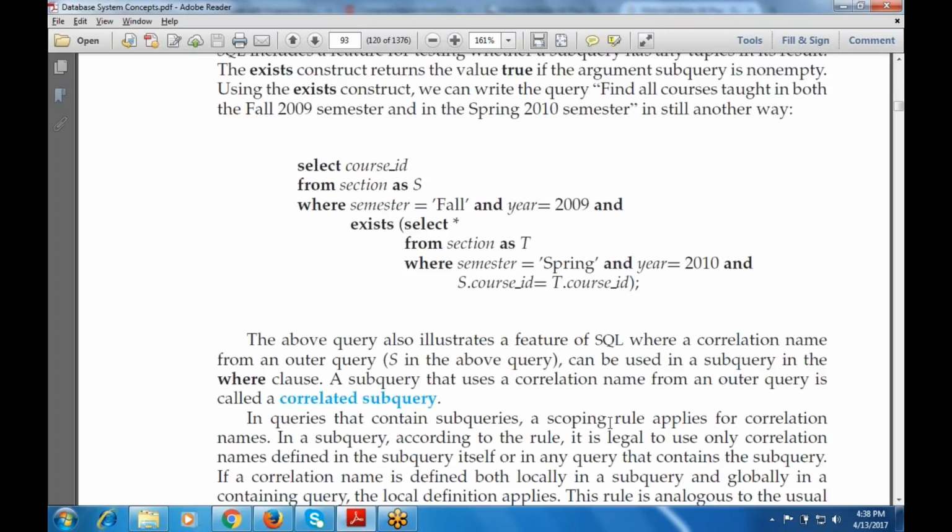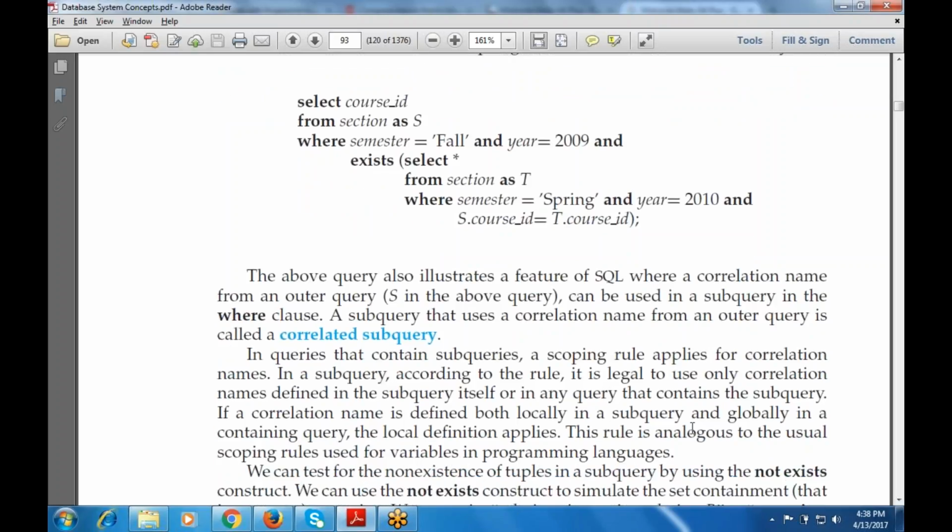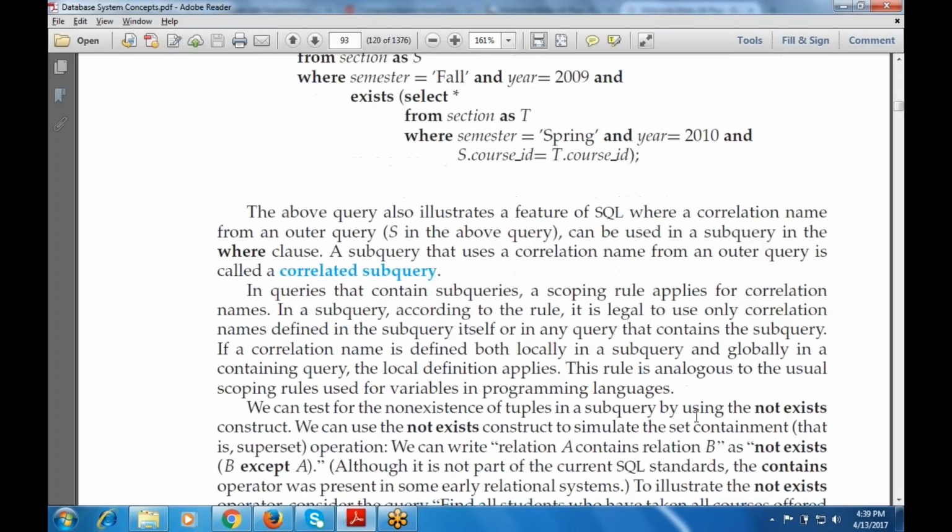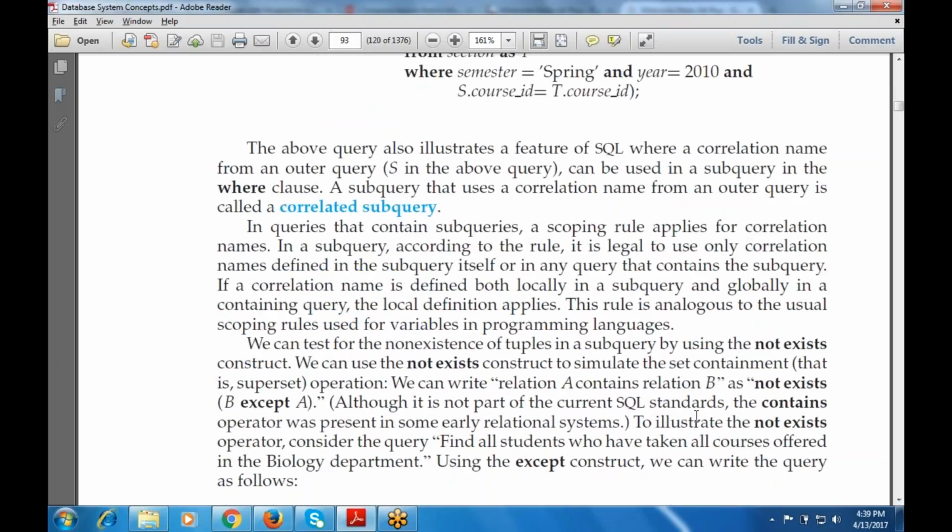That is an outer query, and the subquery has a correlation name from the outer query, also known as a correlated subquery. In queries that contain subqueries, a scoping rule applies for the correlation name: in a subquery, it is legal to use only correlation names defined in the subquery itself or in any query that contains the subquery.